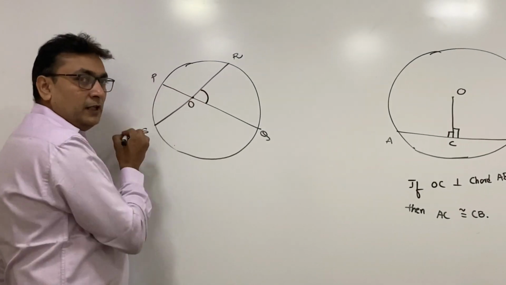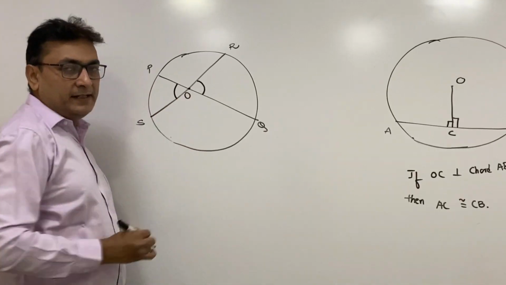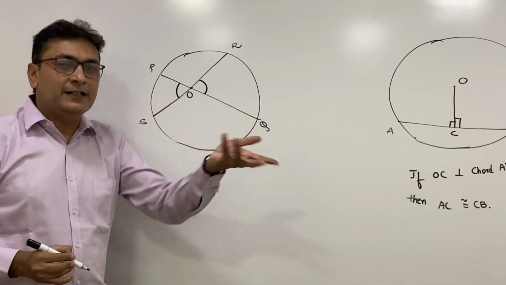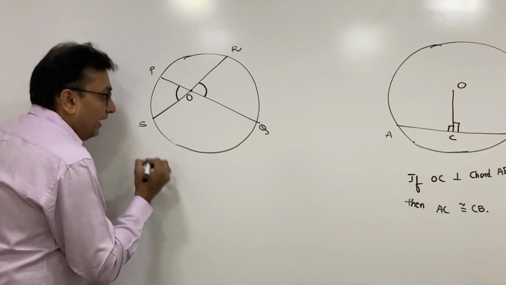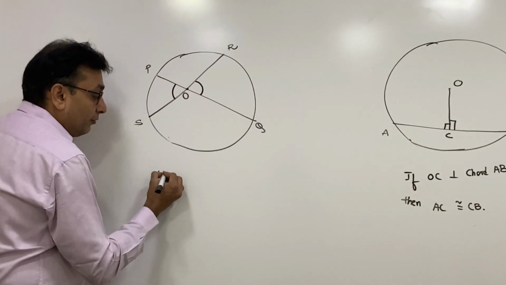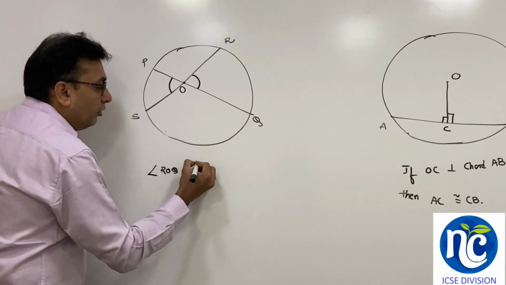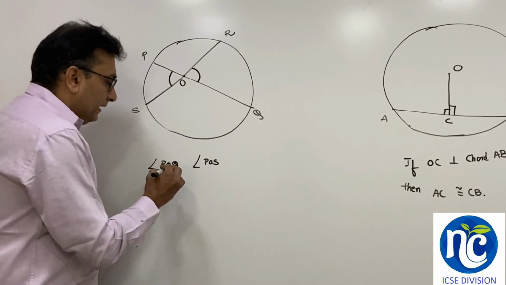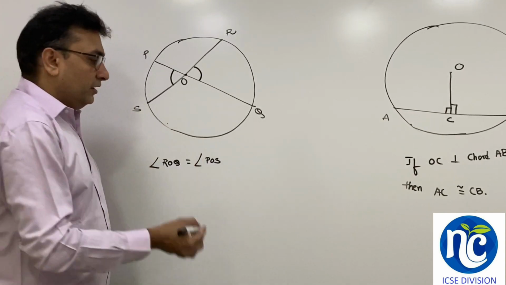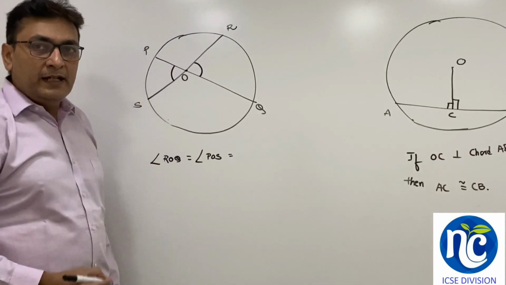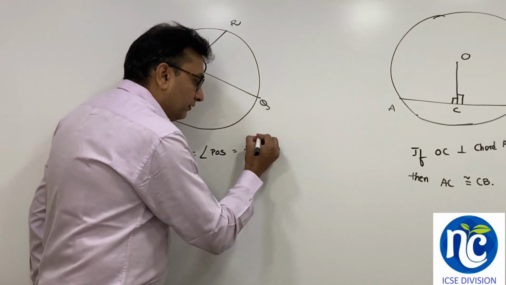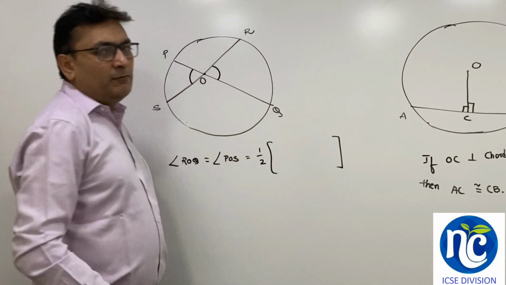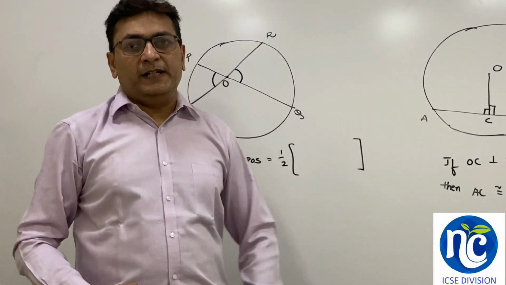This angle, or even this angle for that sake, both are vertically opposite angles, so equal. Angle ROQ, or you can say angle POS, these two angles would be equal to each other and they would be half of the sum of two intercepted arcs.